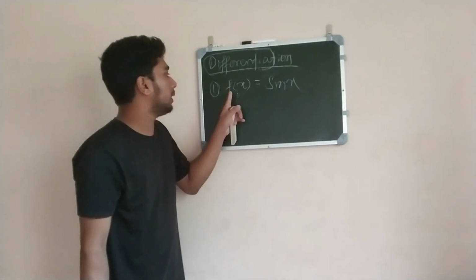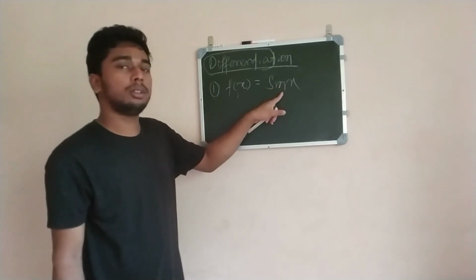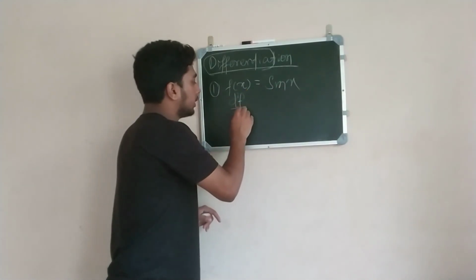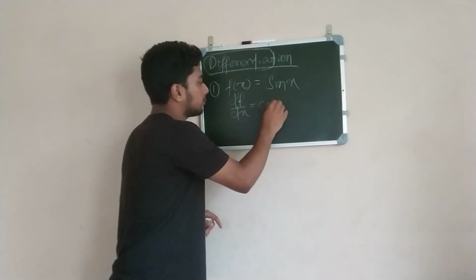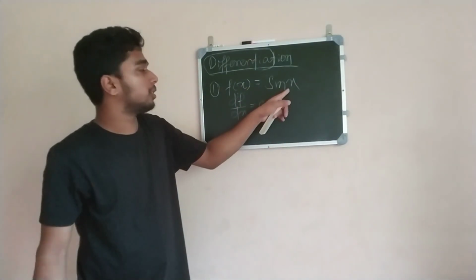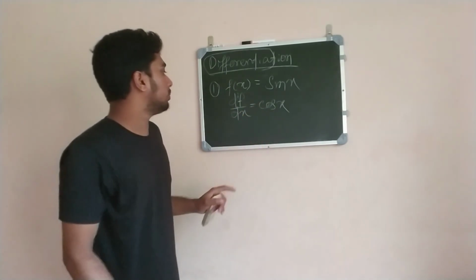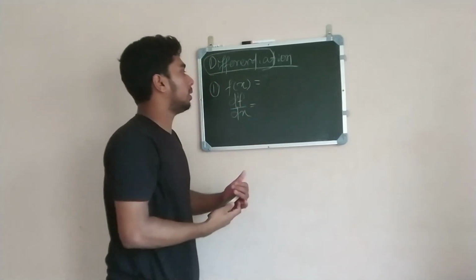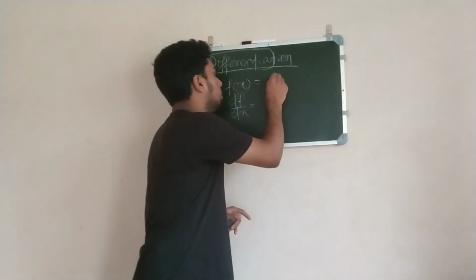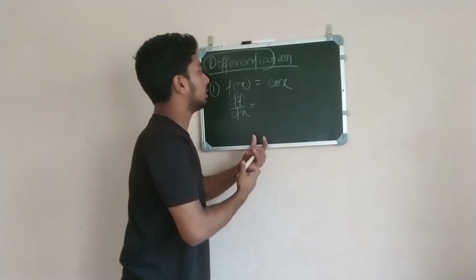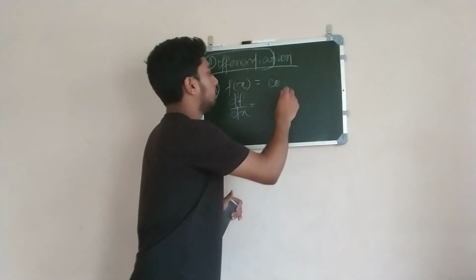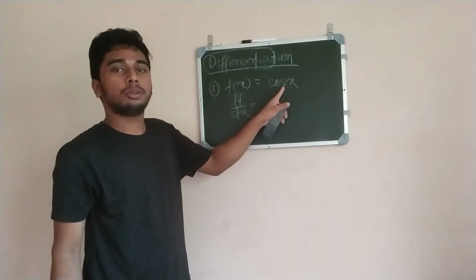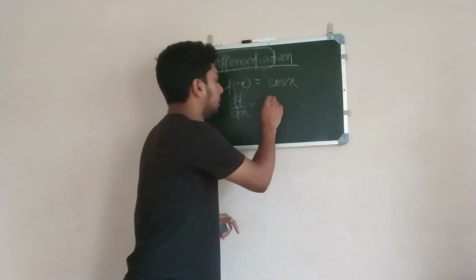So if f of x is equal to sin x, then the derivative d by dx will be cos x. Just remember these things. If the function is cos x, then the derivative will be minus sin x.